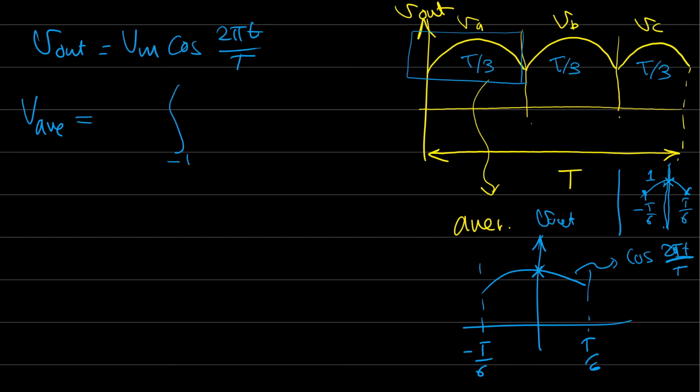Integration from minus T over 6 to T over 6 for V maximum cosine 2 pi t over T dt. And in order to find the average, we have to divide by the period, which is T over 3.